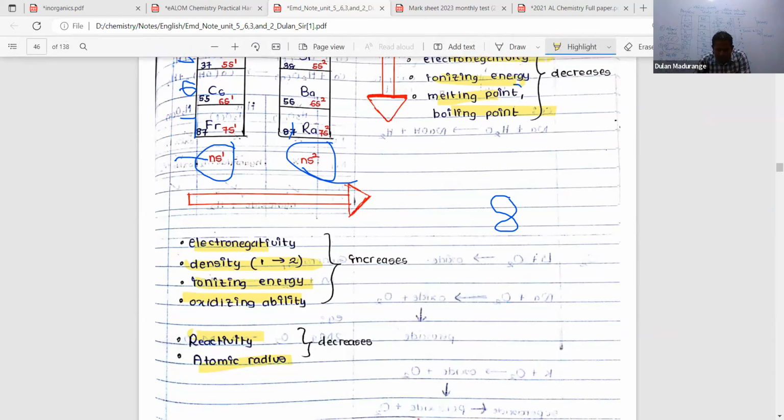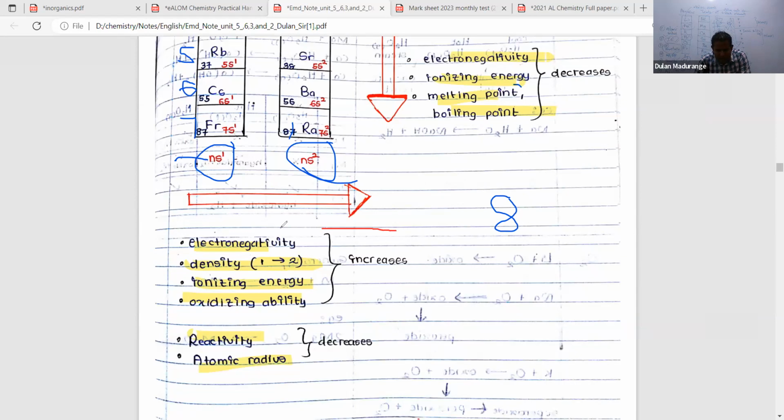Across the period, oxidizing ability increases. Downwards the group, oxidizing ability decreases. If you want, you can write another point: oxidizing ability decreases downwards the group.